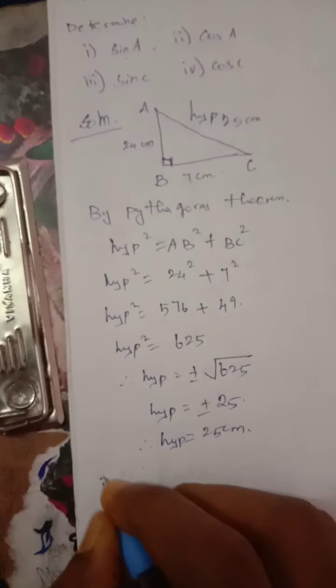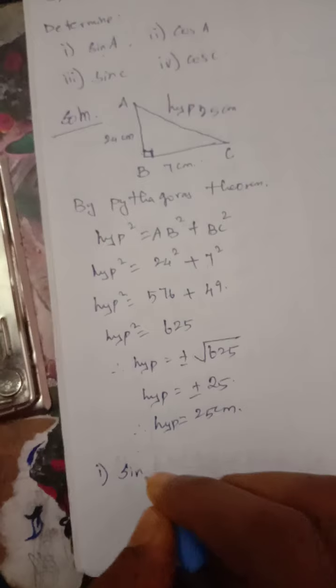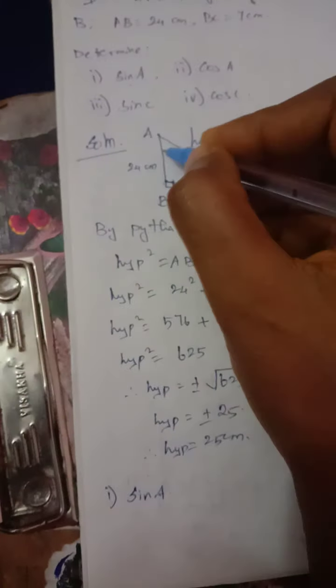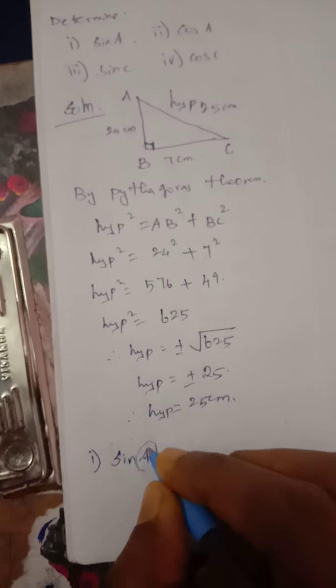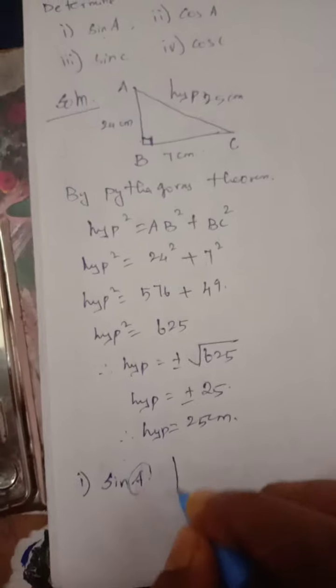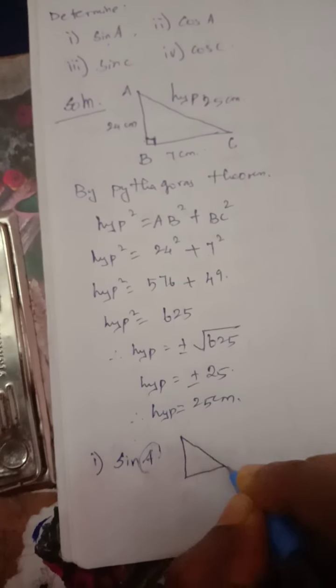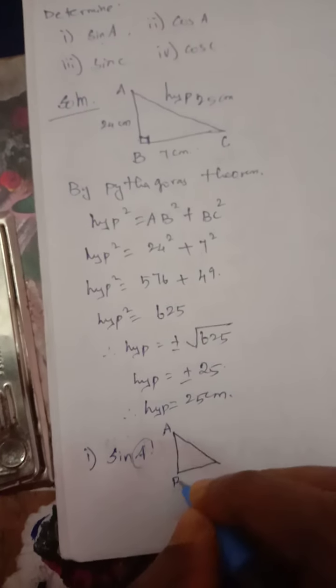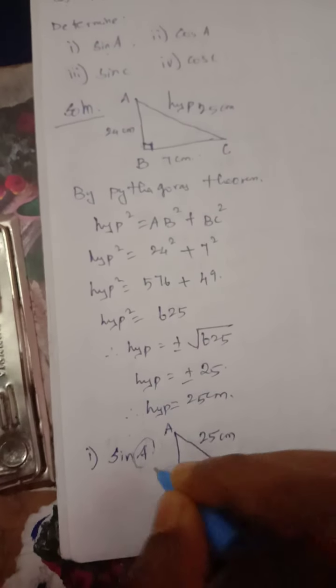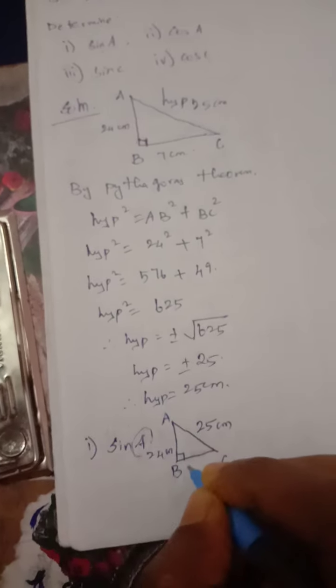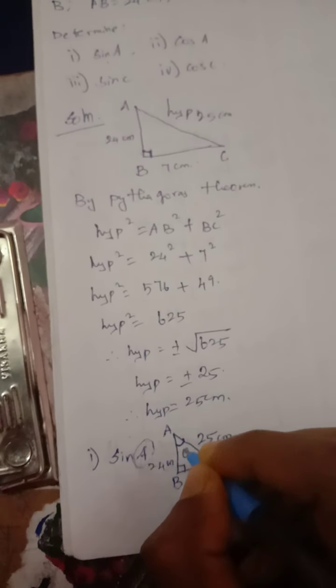We found the hypotenuse is 25 centimeter. What do they ask us to find? They ask us to find sin A. In the previous example, I told you, since the angle is not mentioned, depending upon this letter, the angle will change. So here we are taking the right angle triangle ABC, and this is 25 centimeter, this is 24 centimeter, and this is 7 centimeter. This denotes the angle. So the angle is forming here.